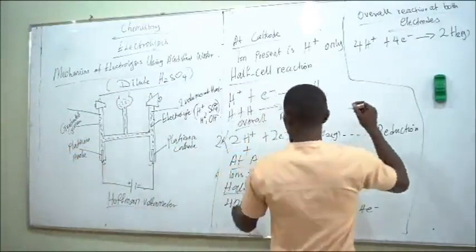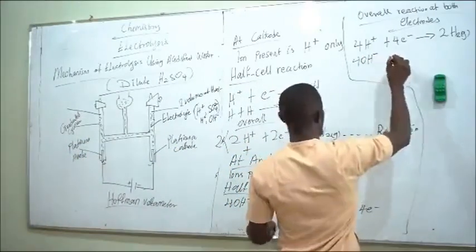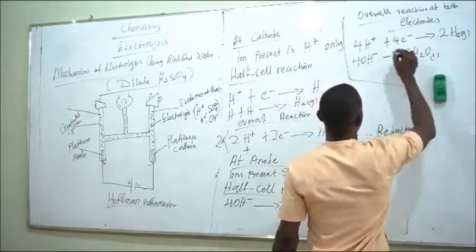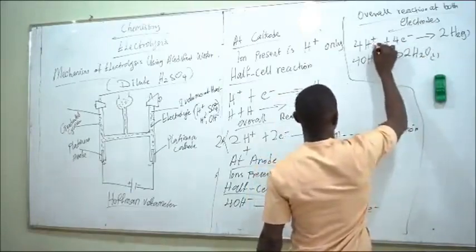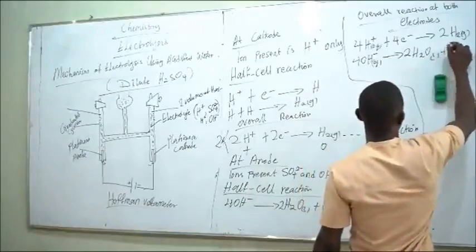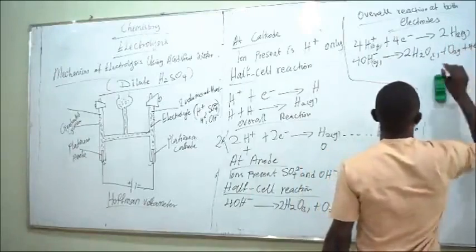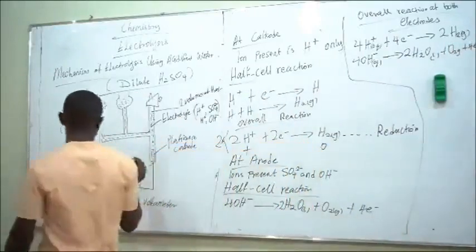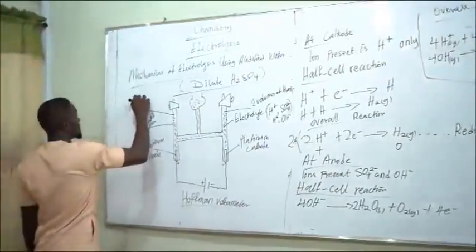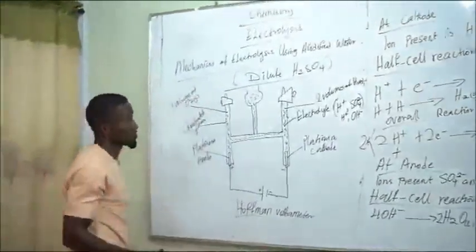So then in this other one we have 4 molecules of hydroxyl ion producing 2 molecules of water. This is aqueous. Then plus 1 volume of oxygen plus what? 4 electrons. So at the anode compartment we have 1 volume of oxygen gas produced.